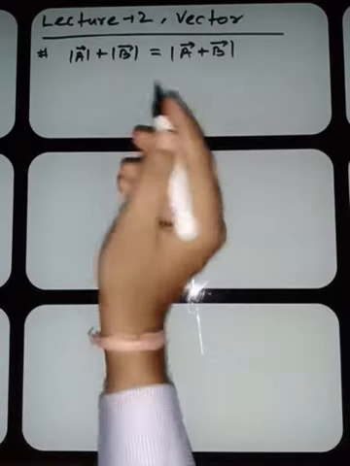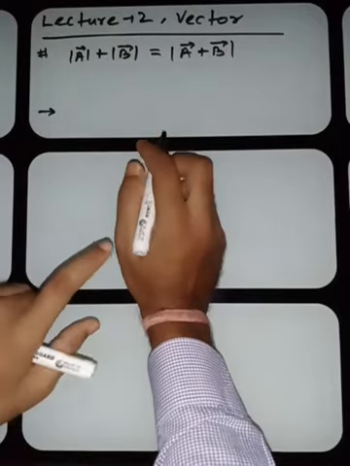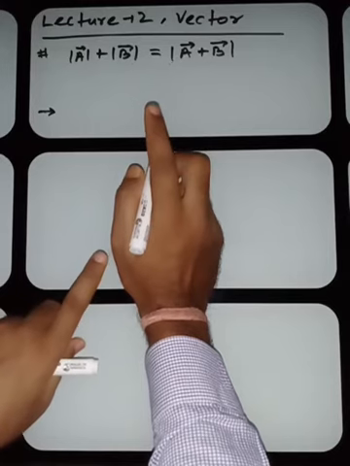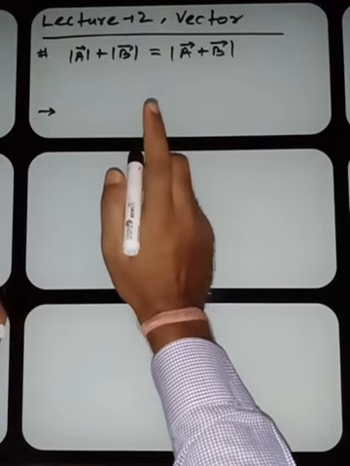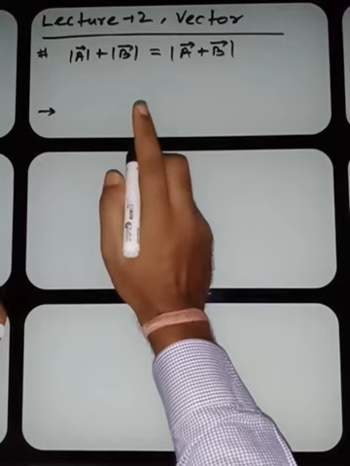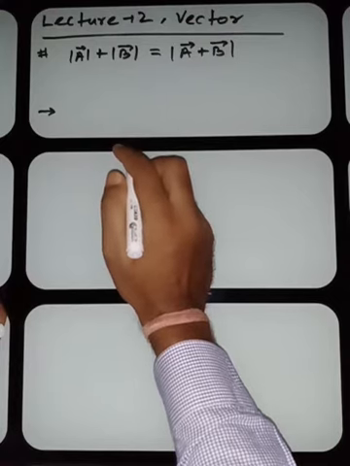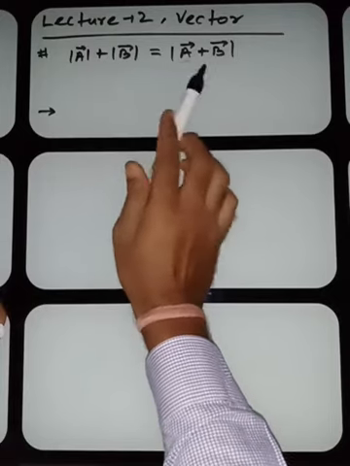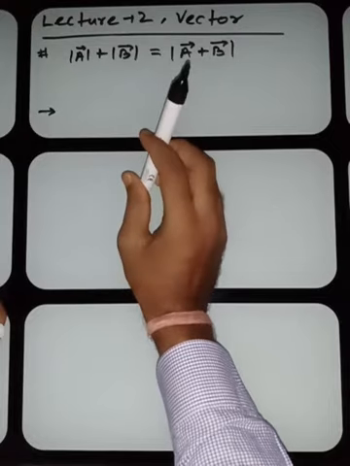Now the next: if it is possible that mod of vector A plus mod of vector B is equal to mod of vector A plus B, then what is the condition to fulfill this equation, and if it is not correct, then why is it not correct.